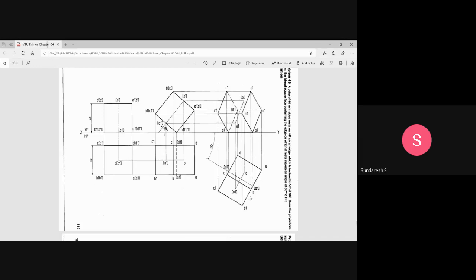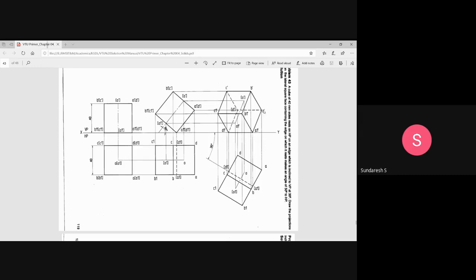Once you mark the points, you have seen A1, B1, C1, D1 is completely visible in the front view. So join A1, B1, C1, D1 with a complete continuous thick line. Now take A1 dash and A dash.